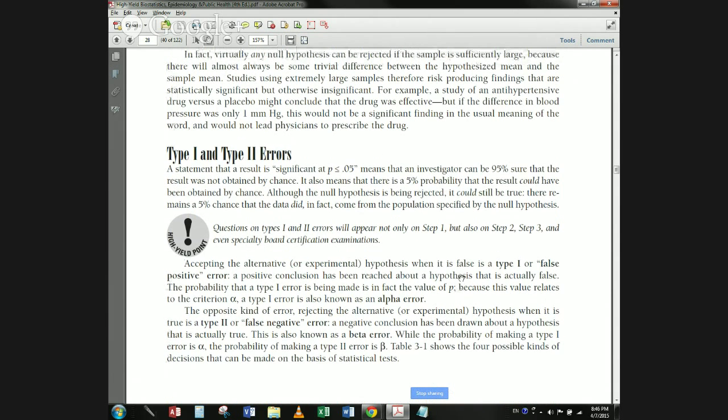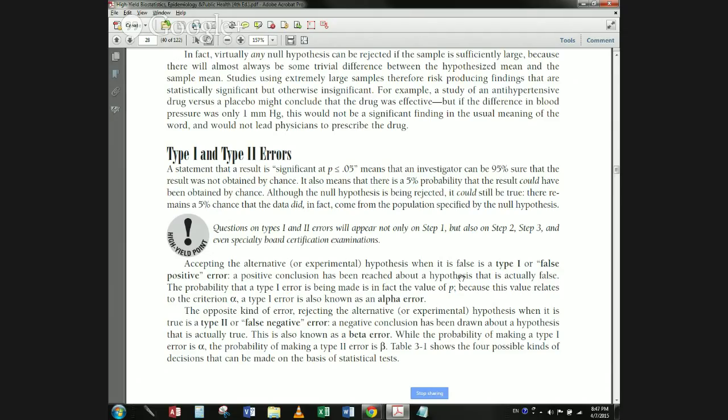In fact, virtually any null hypothesis can be rejected if the sample is sufficiently large, because there will almost always be some trivial difference between the hypothesized mean and the sample mean. Studies using extremely large samples, therefore, risk producing findings that are statistically significant but otherwise insignificant.